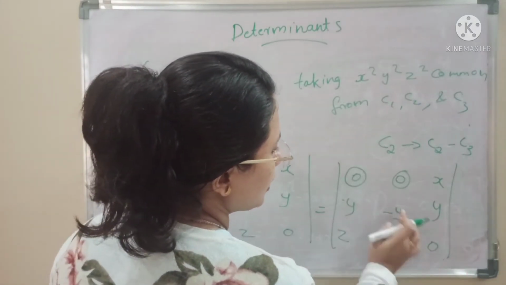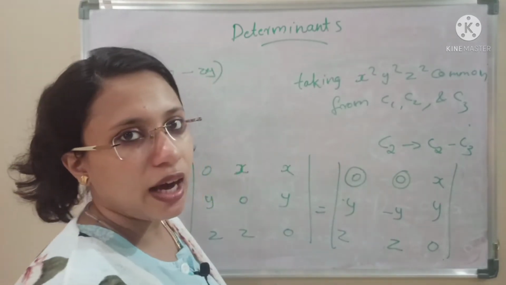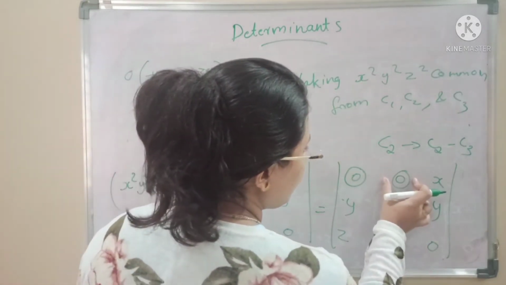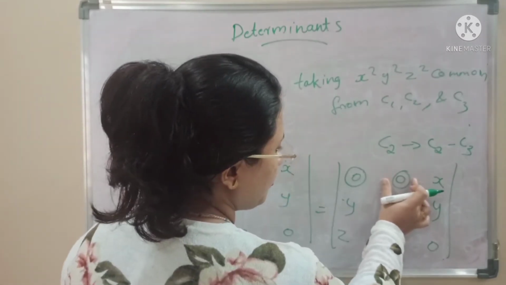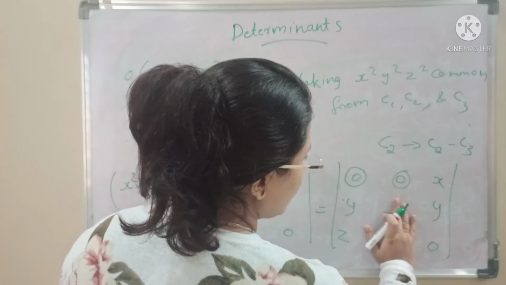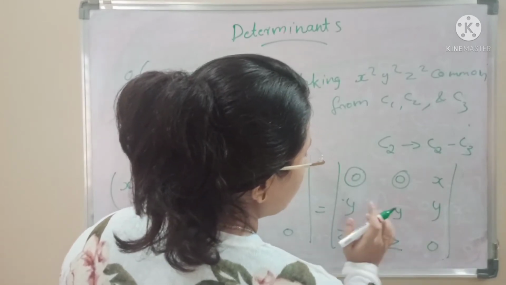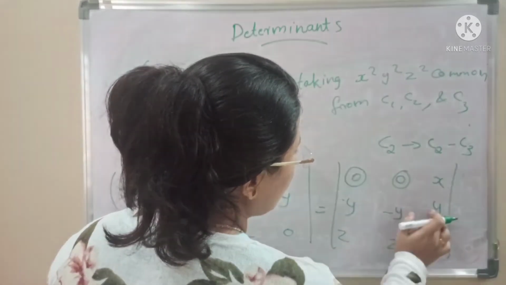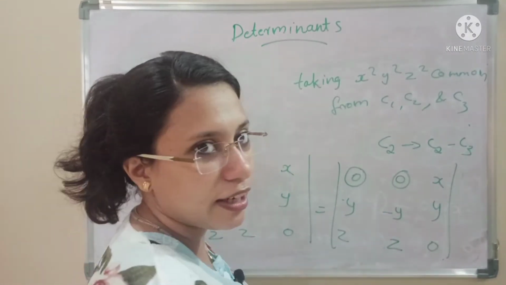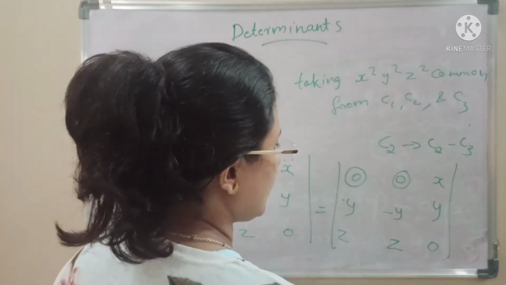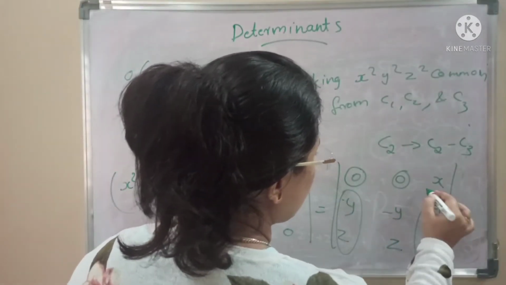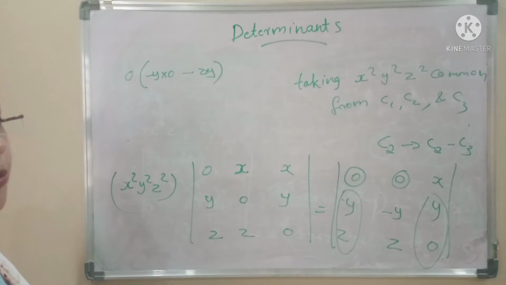Instead of that, we will consider the other 2 column terms. Clear? Similarly, if we consider this term, the same column elements we will not consider. We will do the cross operation with the first and the third column elements. Clear? So we will be considering these 2 terms and these 2 terms.